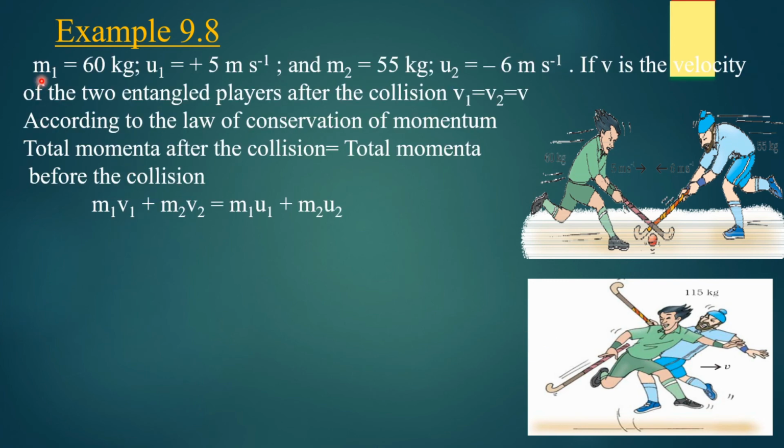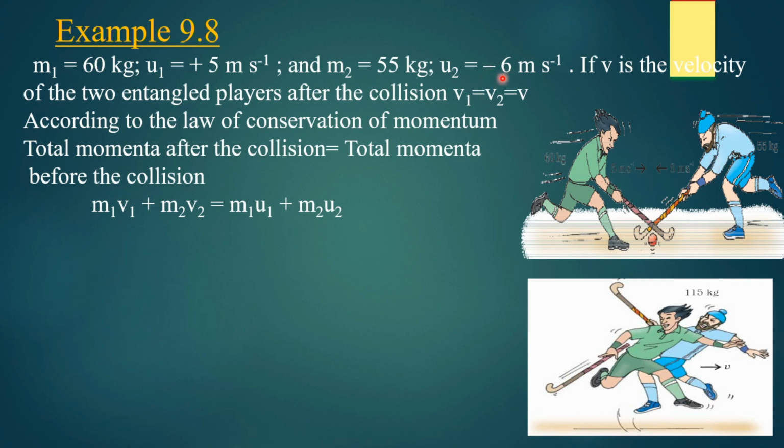So, m1 is equal to 60 kg, u1 is equal to plus 5 meter per second, m2 is equal to 55 kg, u2 equal to minus 6 meter per second. Why minus 6? Because from left to right, player 1's velocity we have taken positive and player 2's velocity will be negative as he is moving from right to left.